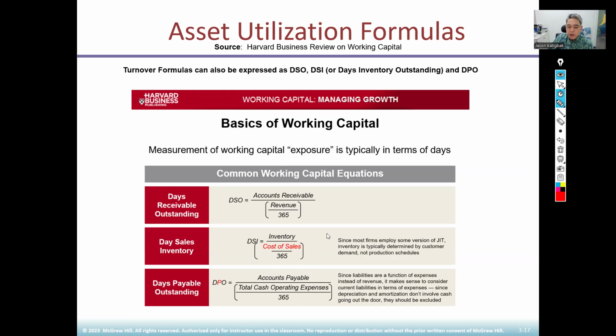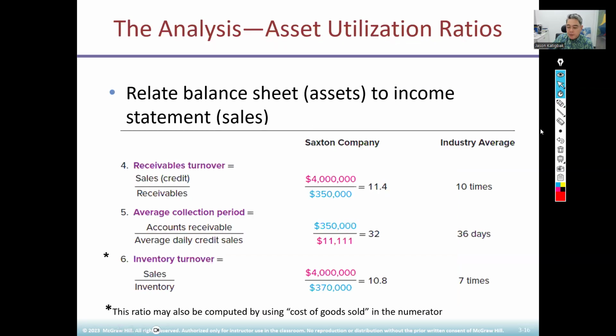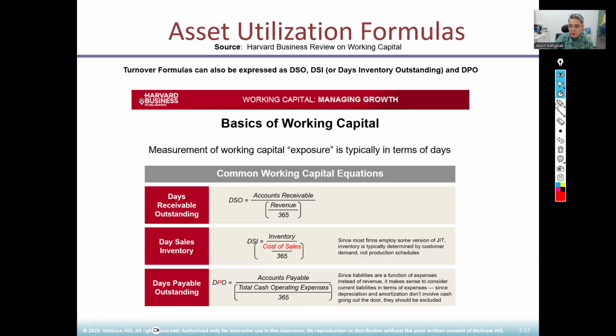Days sales inventory or days inventory outstanding. Remember that cost of sales a while ago in that formula? Here, this ratio may also be cost of goods sold. So this is the turnover, but the book did not show you the period of time. This is actually the period of time, the number of days when you move your inventory.